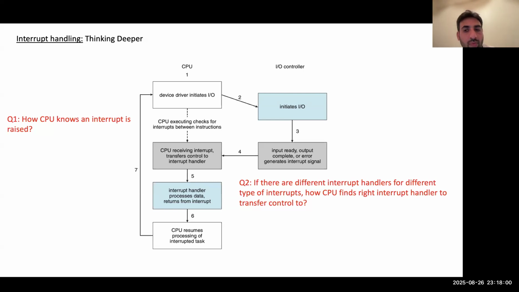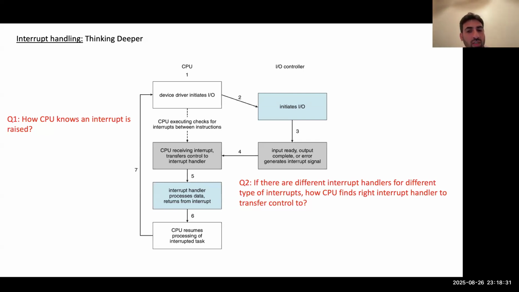If there are different types of devices, then definitely we will have different types of controllers. And if we have different types of controllers, then they need to be handled in different ways. We cannot handle an interrupt coming from the disk controller in the same way as the interrupt coming from the USB, right? Because both of them are designed for different functions.